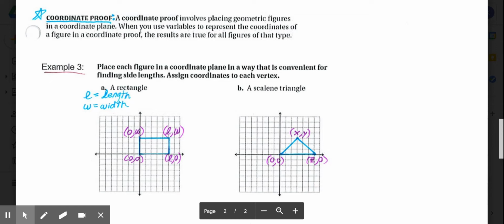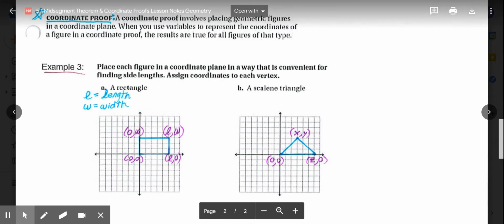So instead of calling points like (0, 1) or (5, 3), we're going to be using variables as part of the locations. So these coordinate proofs, by using variables, are showing us rules that are true for all figures of that type.